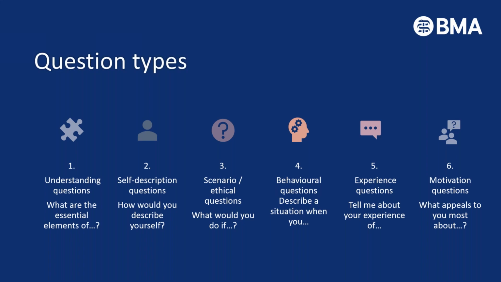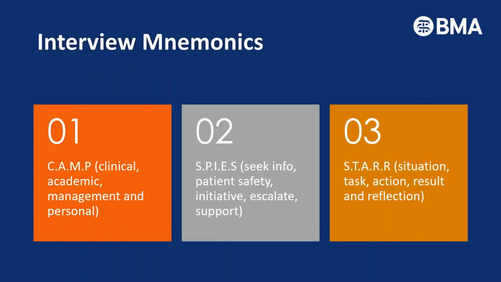And so with the motivation questions, if I bring up the next slide that I had a moment ago and just explain something on here. So for example, number 1, where I've got CAMP, this is particularly useful for the motivation style questions.